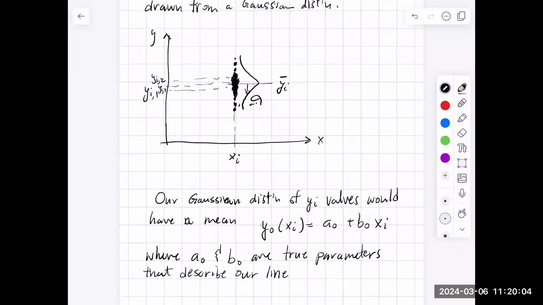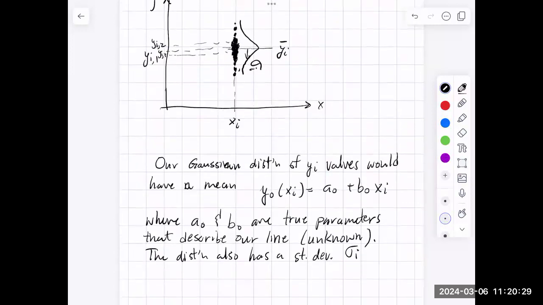And those true parameters are unknown, and we'll never know them exactly. We'll just make some estimates of what we think they are. The distribution also has a standard deviation, sigma i.